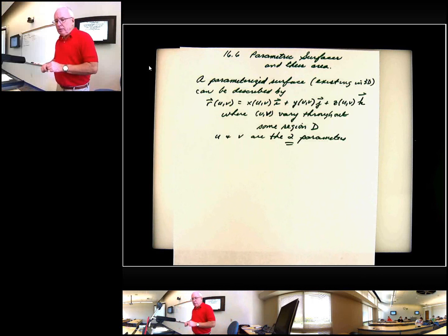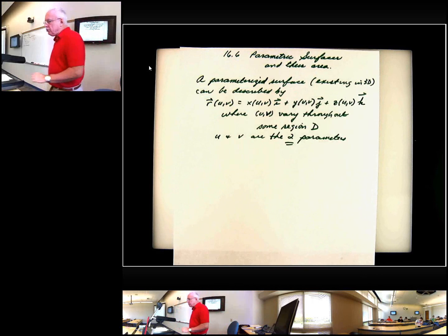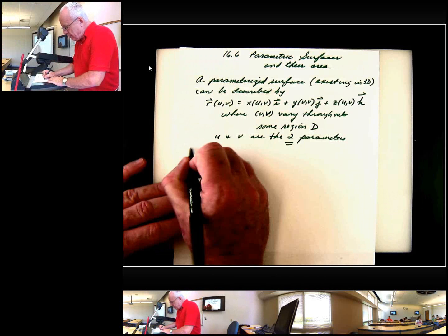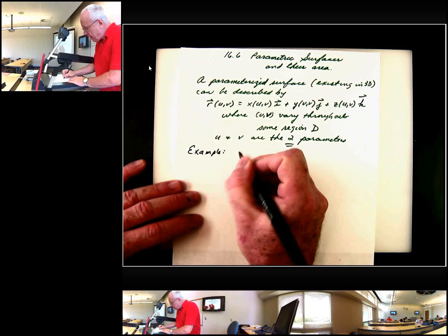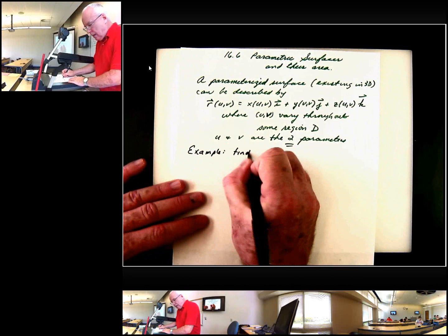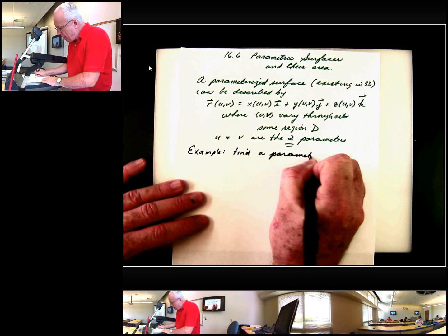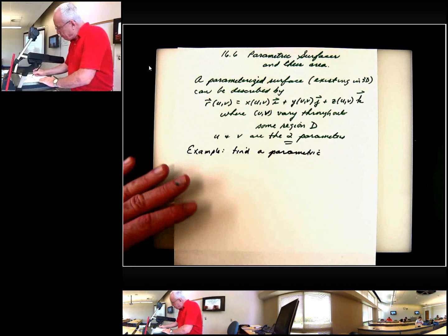We did a parameterization of one surface. I want to do one more before we get into the area topic. And so this example: find a parametric representation. That just means give me the parametric equations.